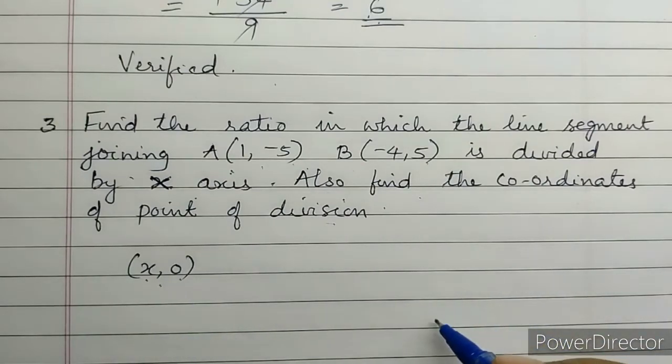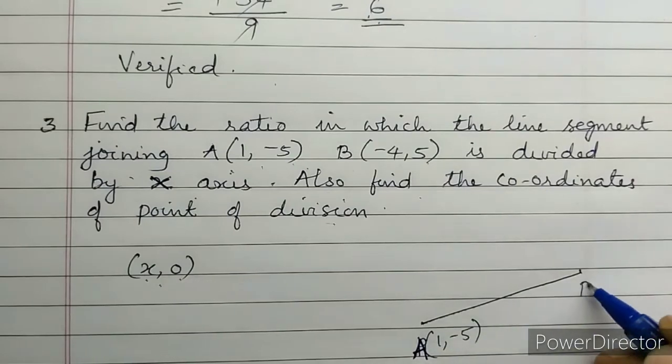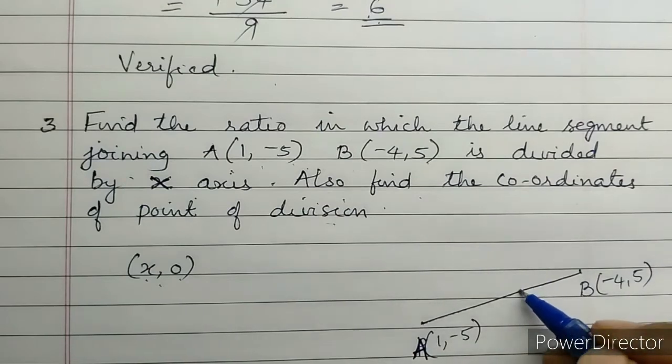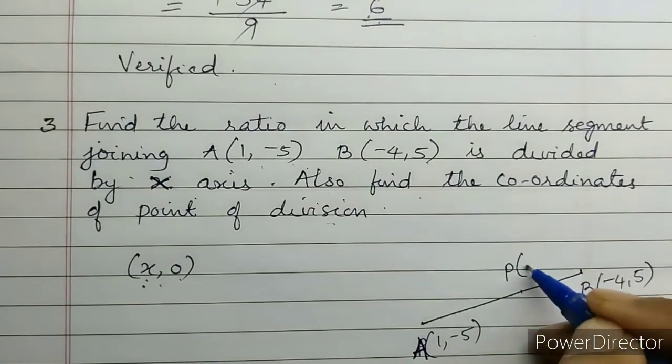So now you can draw the line PQ, that is A and B, already given: A (1, -5) and B (-4, 5), and somewhere the point on the x-axis you can mark as P (x0, 0).